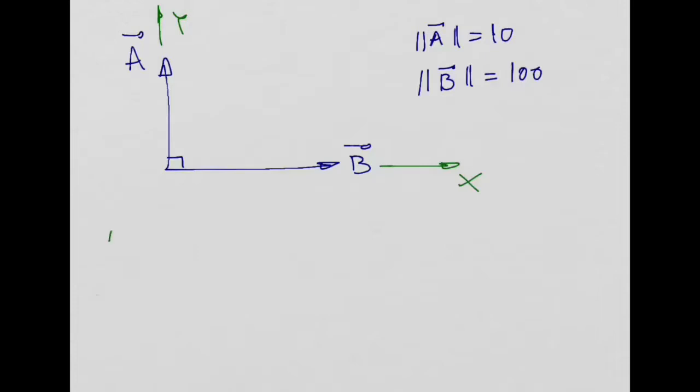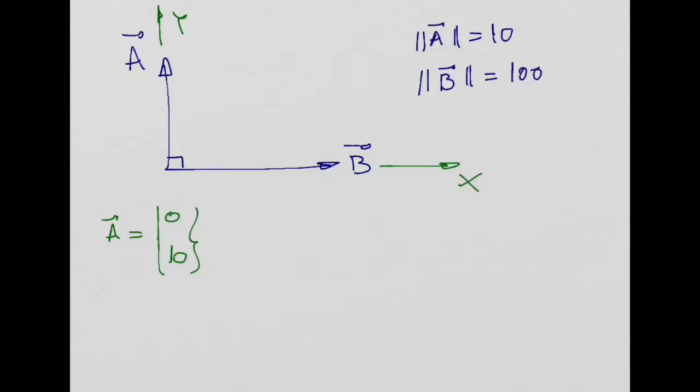So this is a 2D analysis. Vector A only has a component in the y direction, right? The component in the x direction is 0, and the component in the y direction is the norm of A, which is 10. This is my vector A. You all agree?